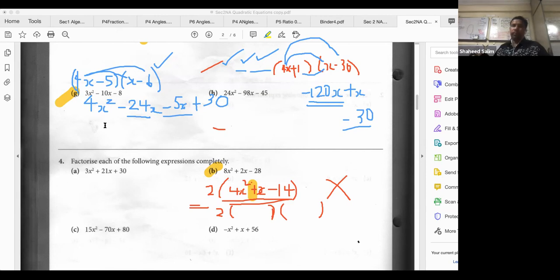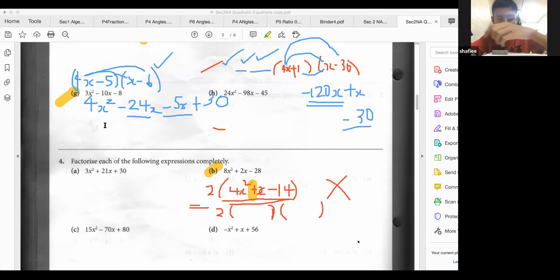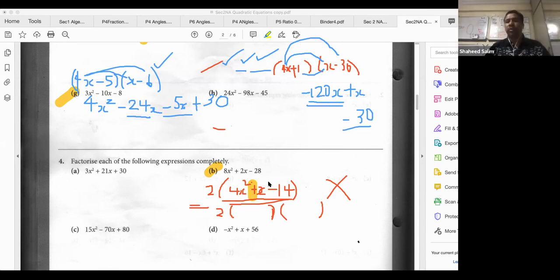Your signs. Why don't you times it out? See what you get. Your -2 times -7, what do you get, Shafi? Minus times minus, plus 14. This is -14 over here.